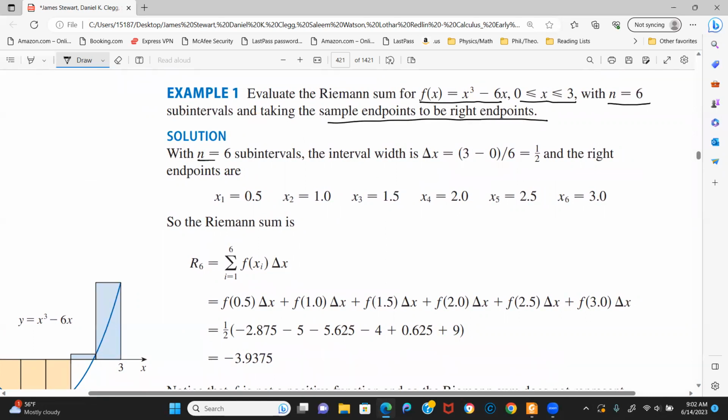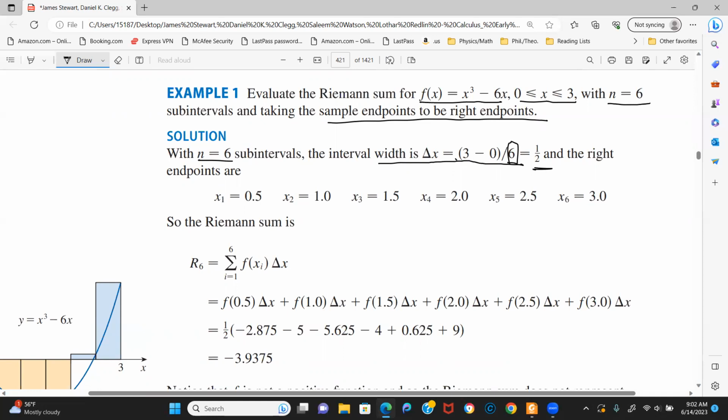So first of all, if n is equal to 6, and you want all the subintervals to have the same width, then the width is going to be delta x, which is 3 minus 0, the length of the interval, divided by the number of subintervals. So that'll be 1/2. The width of each subinterval will be 1/2.